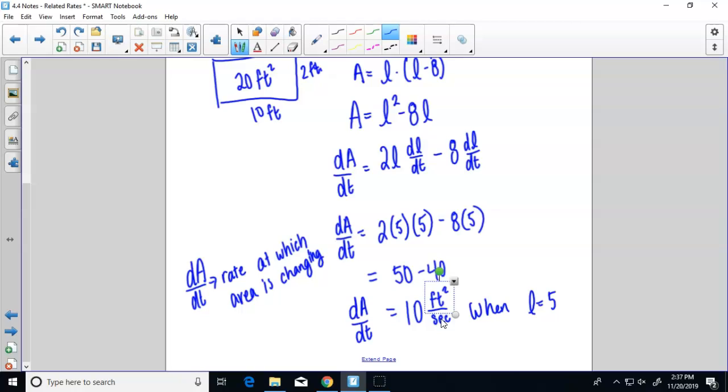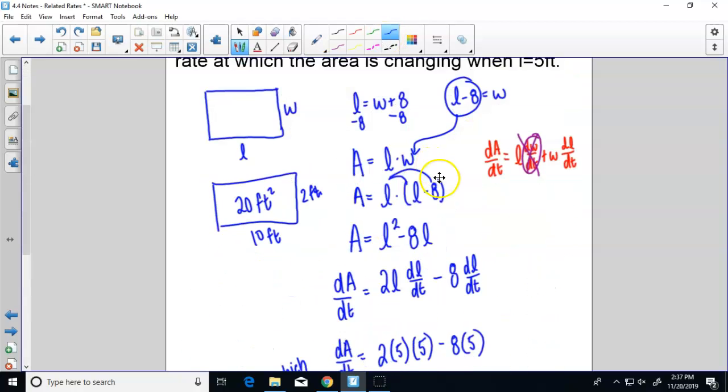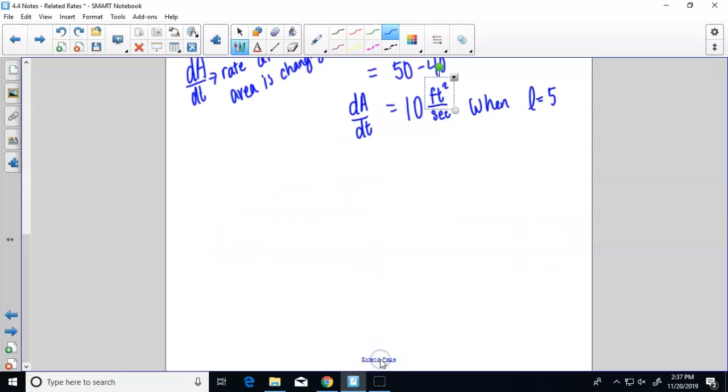Okay, so at that point, whenever L equals 5, the area is increasing at a rate of 10 feet squared per second. It will not always be increasing at that same rate. Even if the length is increasing at the same rate, here we could have 2 and 10, which gives an area of 20.